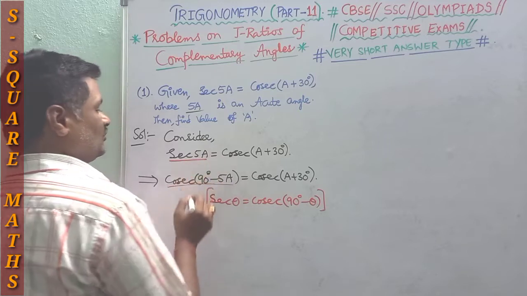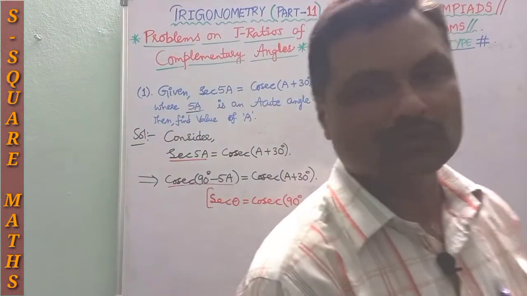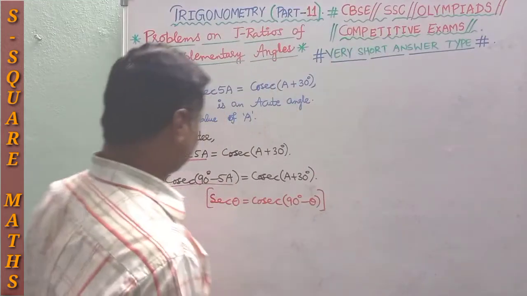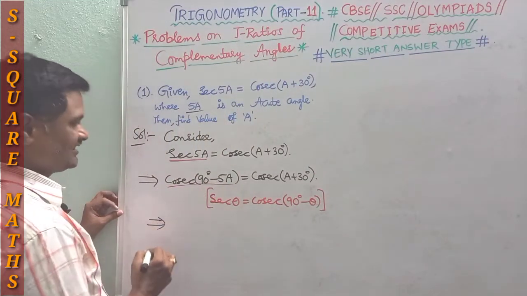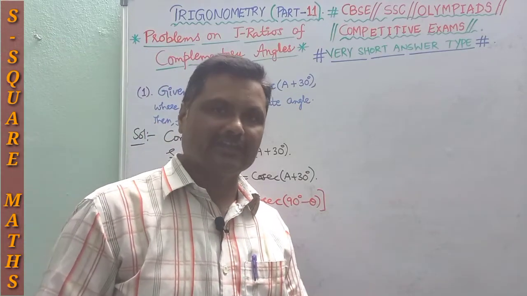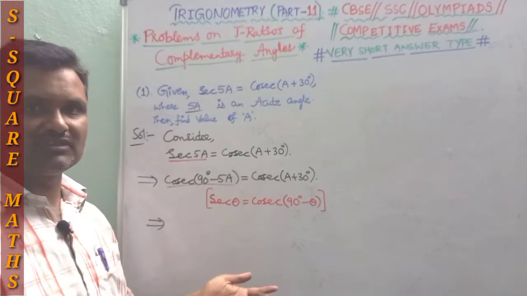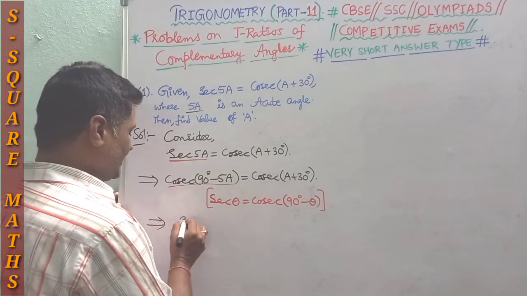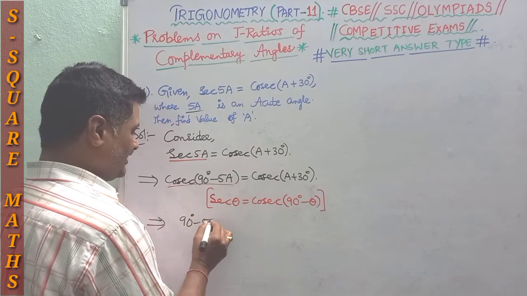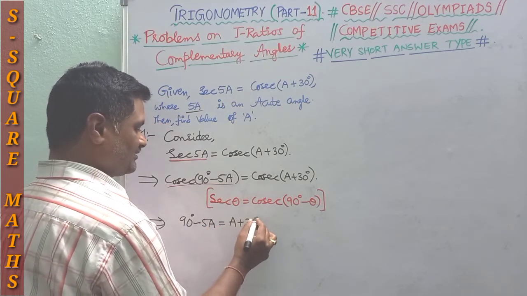Where 5a is our theta, so 90 degrees minus 5a. Since 5a is an acute angle, a also will be acute, and on LHS and RHS we have cosec, then we can proceed to the next step. So 90 degrees minus 5a is equal to a plus 30 degrees.